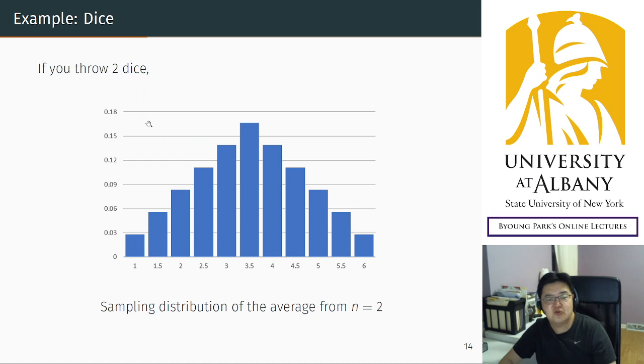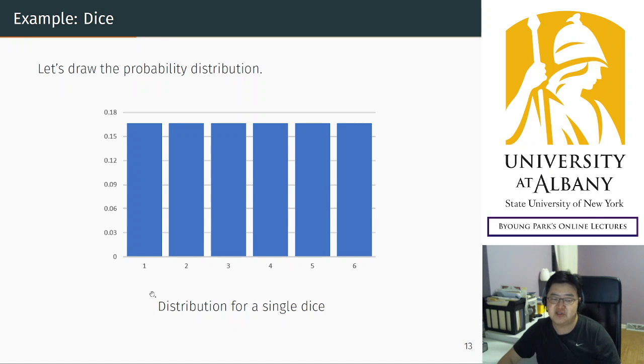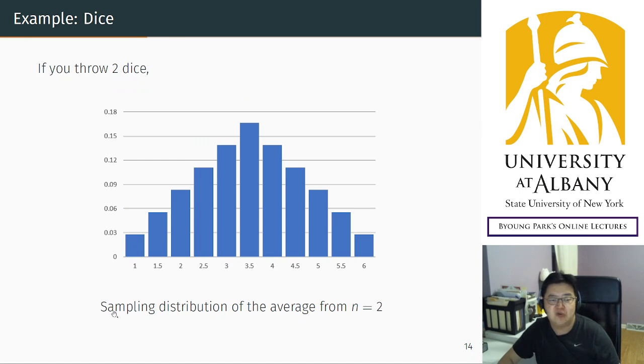But if you throw two dice and calculate their average, then it becomes a sampling distribution. Previously, it was not a sampling distribution because there was only one observation from one experiment. But now you can call this a sampling distribution when you throw two dice and calculate the average.